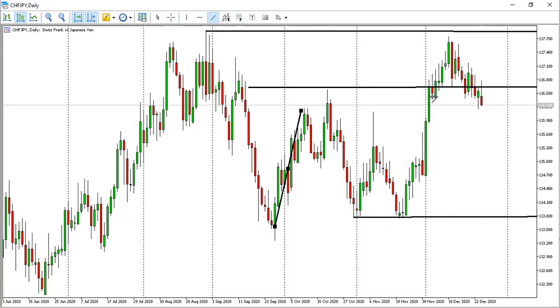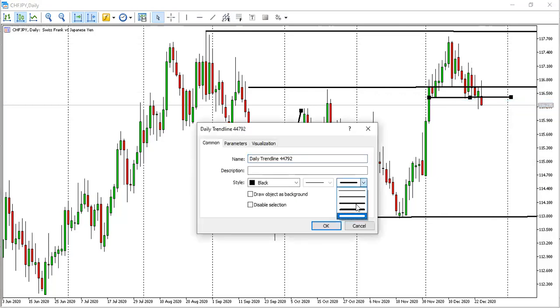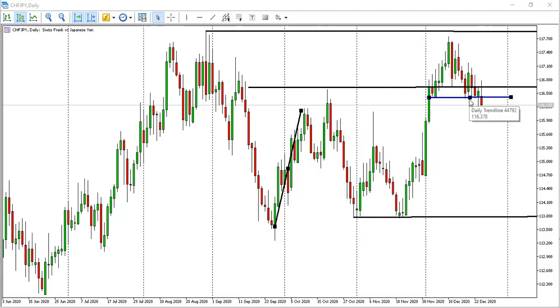The major swing low on our daily time frame is here. Let me change it to maybe color blue. And the major swing high still remains this particular position here.